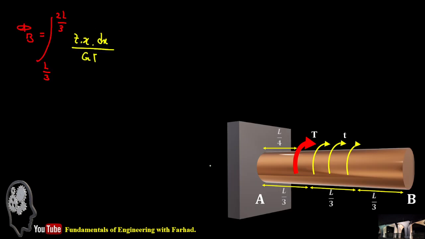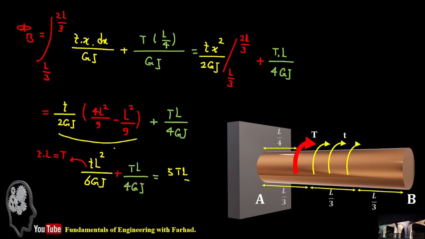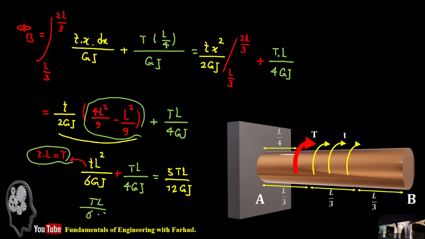If you do the math for the integration, it gives you the same numeric value, which gives you TL squared over 6GJ, plus, considering TL like capital T, TL over 6GJ plus 1/4 of TL over GJ. It gives us 5 over 12 TL over GJ. That's our phi B.